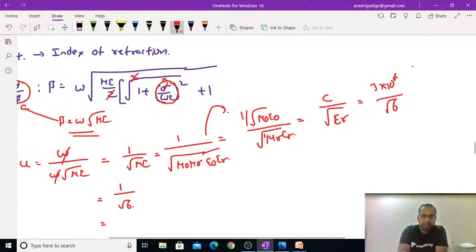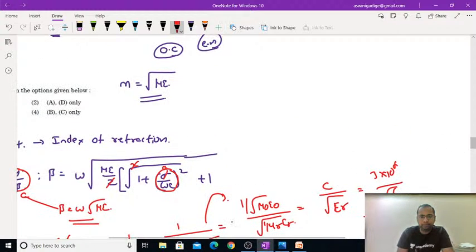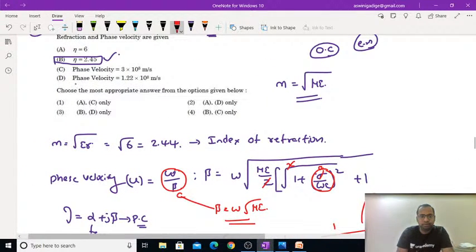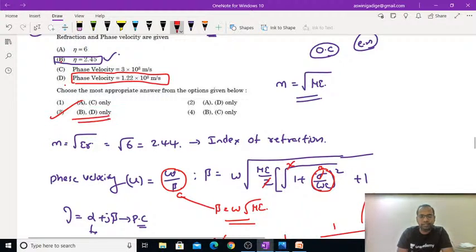Now what is this value, guys? 3 divided by root 6, I will get 1.22 into 10 power 8, correct? So 1.22 into 10 power 8. That means here option B and option D, both these two are correct. Is it clear? That means the third option is the correct one.